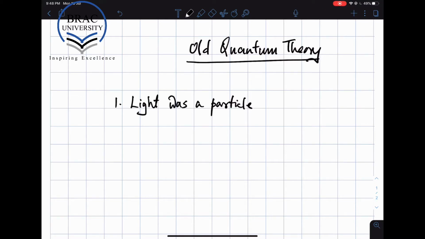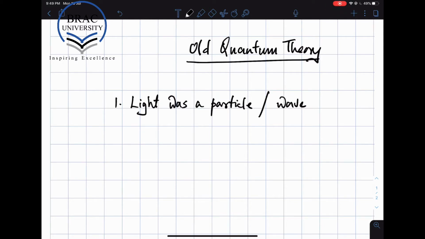However, we also knew from even before quantum mechanics that light was a wave. So in interference experiments, light manifested its wave behavior.